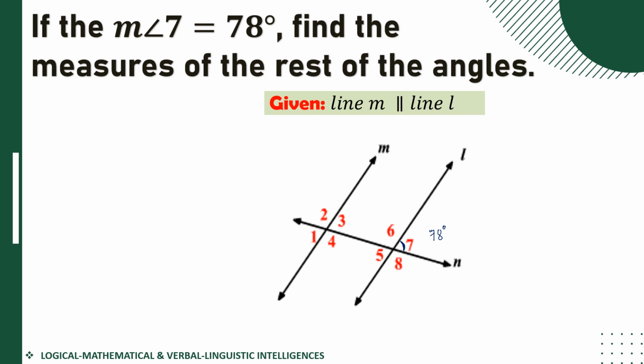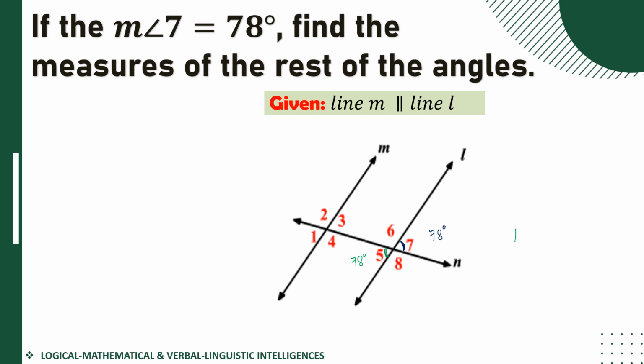So from here, this gives me an idea of having angle 5 as 78 degrees as well. Now, I can utilize the concept of linear pairs since angle 7 and angle 6 are linear pairs, or I can have angle 7 and angle 8 as linear pair.